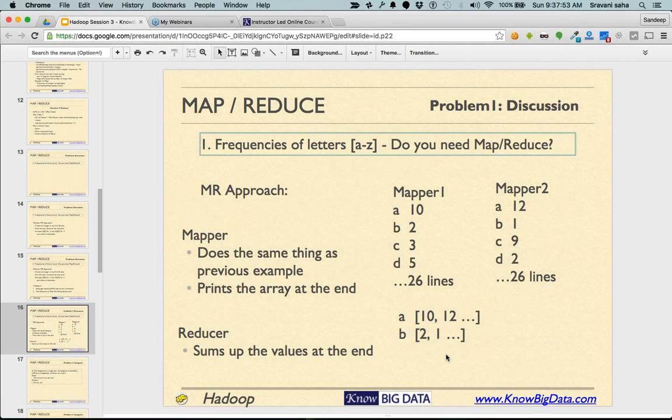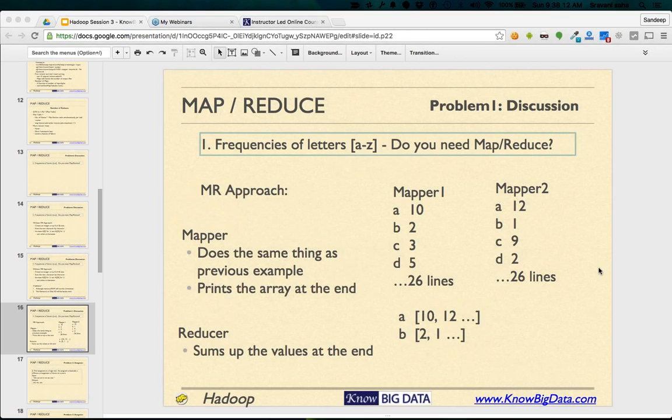So instead of A1, B1, C1, we are first computing the frequency in each line, and then printing the overall aggregate, rather than letting Hadoop do the whole job. So we are partly doing the reducer job. That's correct, Rohit.